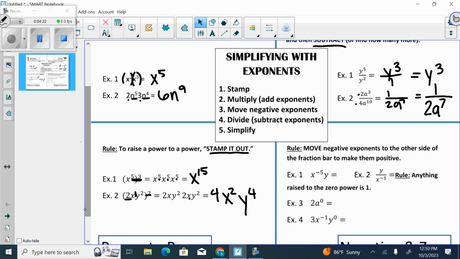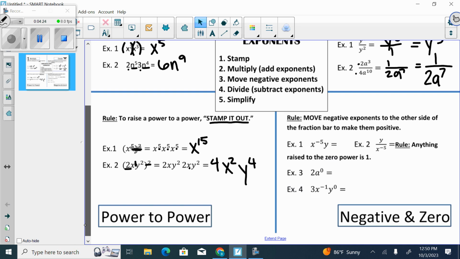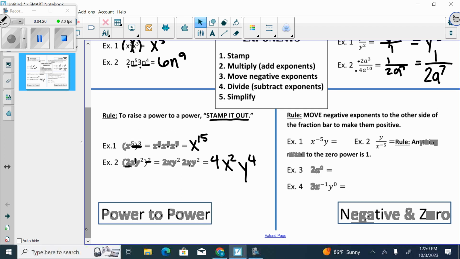All right? Then last rule, so those of you who were absent yesterday, this is what you missed. Okay, we said anytime you have a negative exponent, you can move it across the fraction bar to change it to a positive. So for example, if I had an x to the negative 5 in the top, which is in the top here, right?